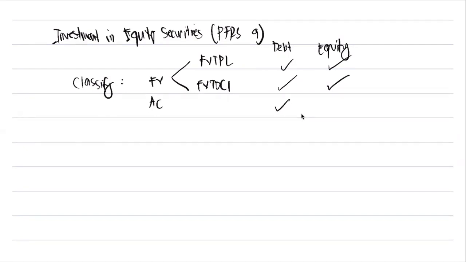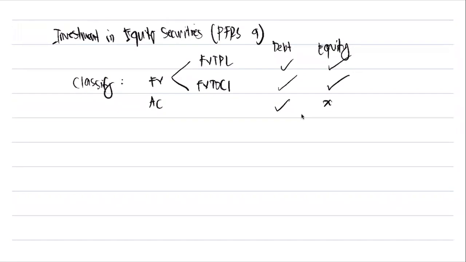It does not have contractual cash flow characteristics as to the collection of principal and interest, which is necessary to amortize a particular amount. Therefore, equity does not have an amortized cost category. So in this session, we will focus on the measurement of equity under FVTPL and FVTOCI.